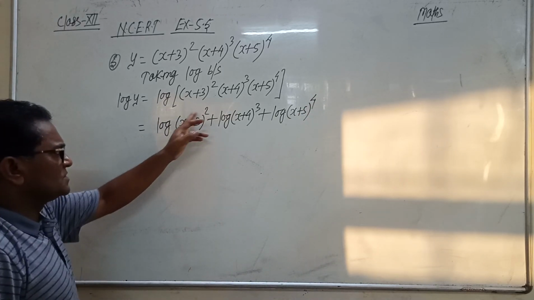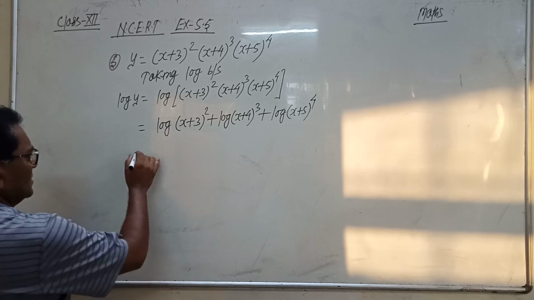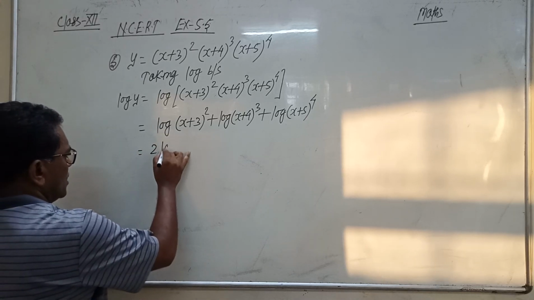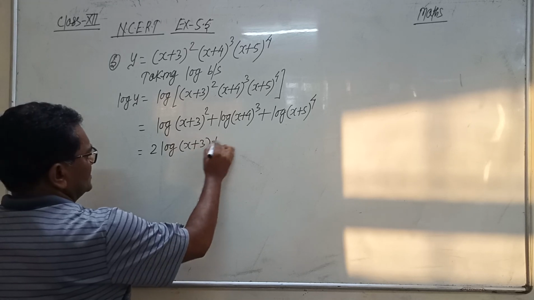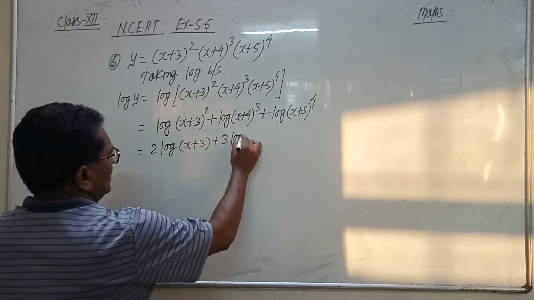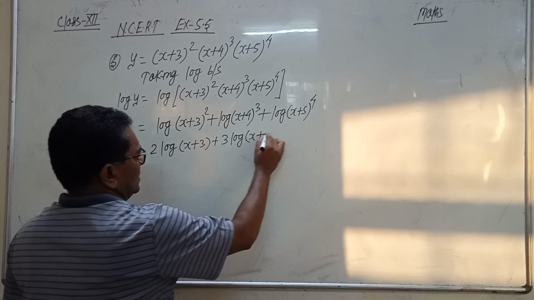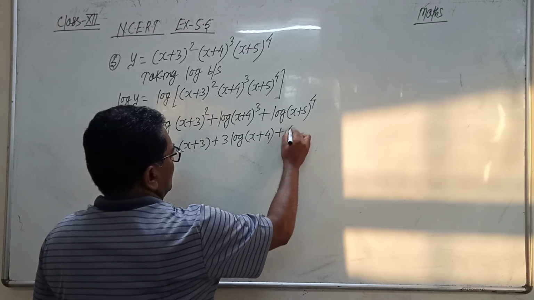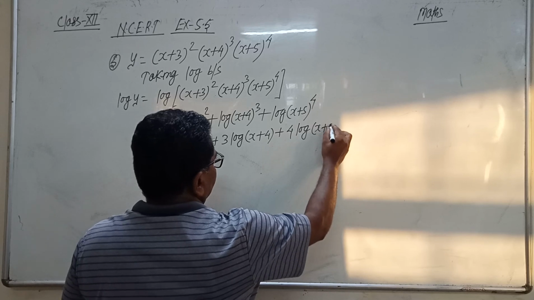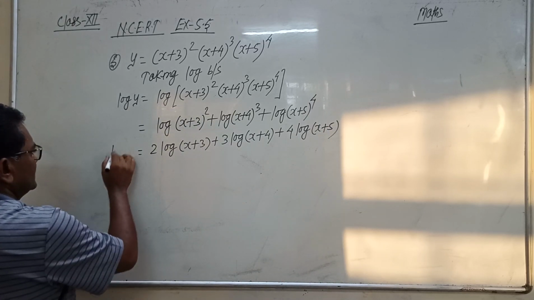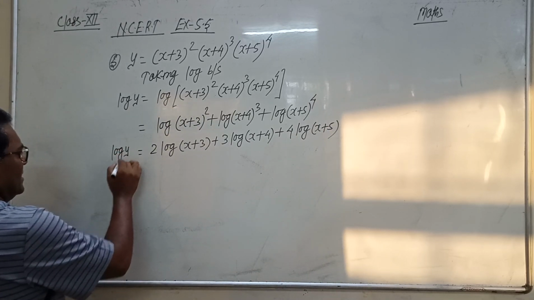Now power comes before. So it becomes 2 log (x plus 3) plus 3 log (x plus 4) plus 4 log (x plus 5). And on the left side there is log y.